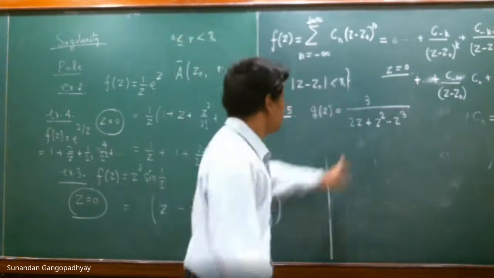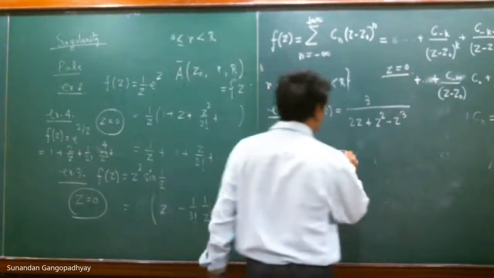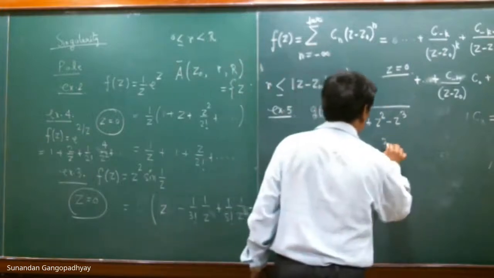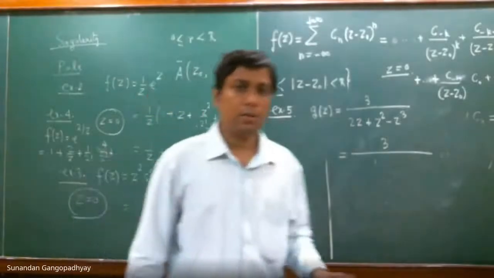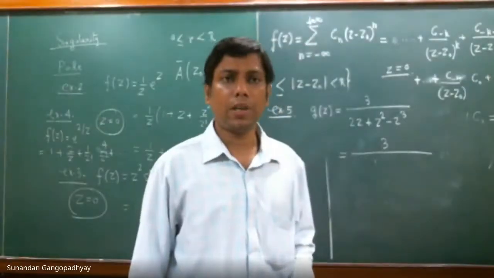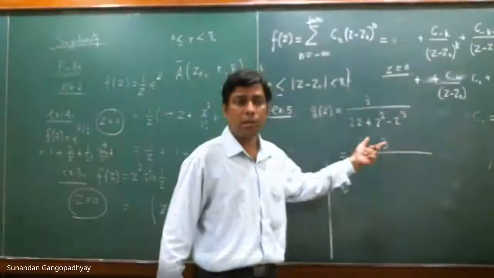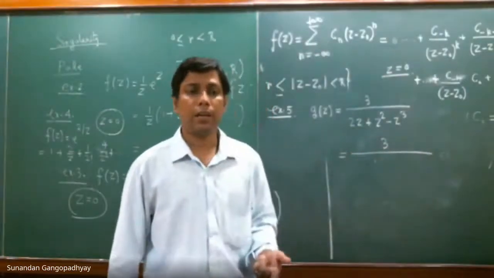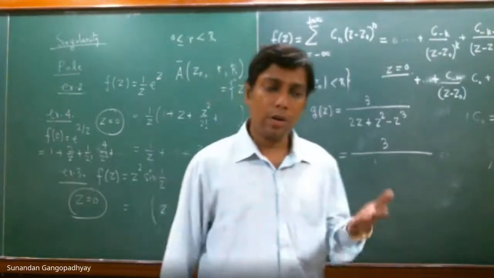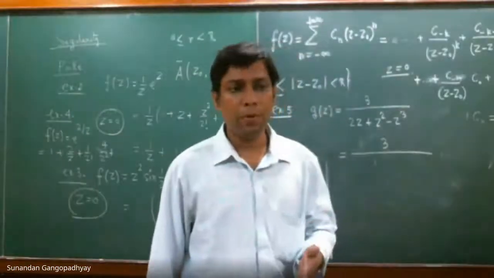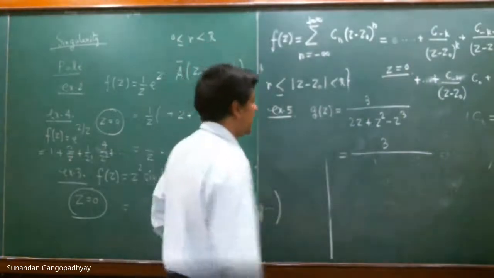Let us investigate the pole structure of this function. How will you proceed in order to find the pole structure? When I say that you need to find out the pole structure of a function, what I mean is you have to find out at which points the function is singular and what is the order of that singularity. Is it a pole of order k, or a simple pole, or an essential singularity, and so on.